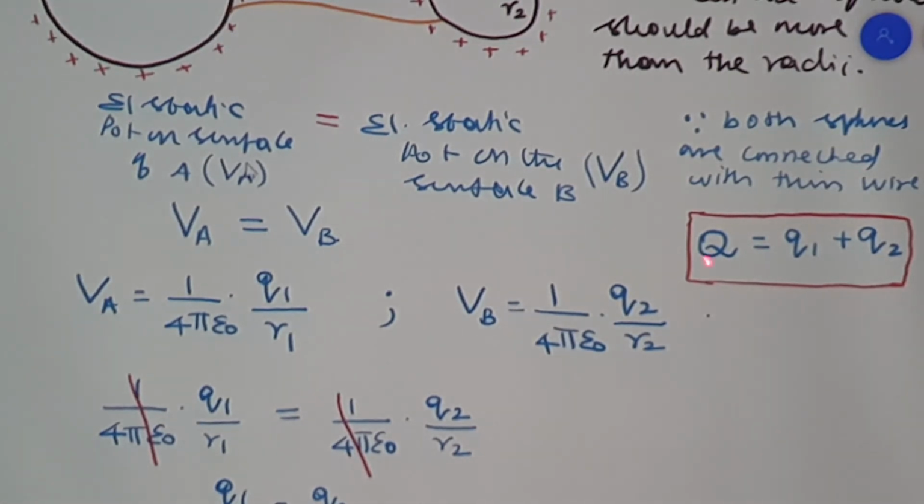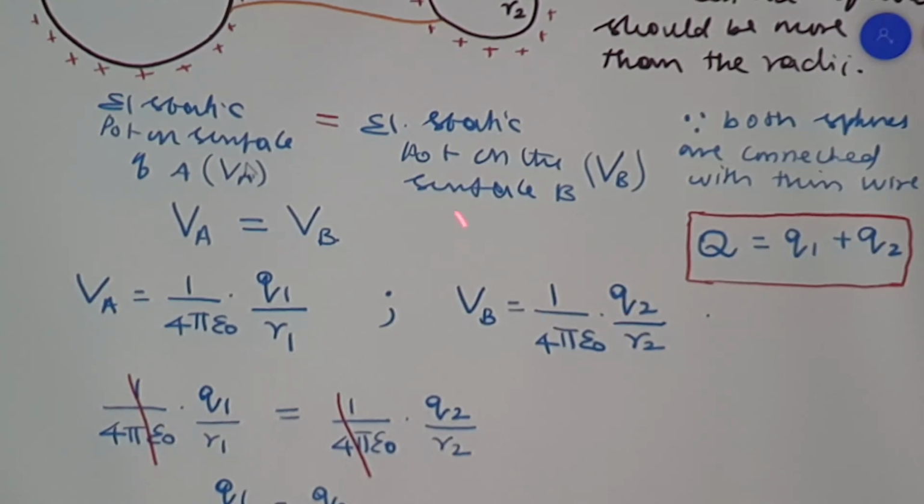The total charge Q in that system can be written as Q1 plus Q2. Potential on the surface is generally given by the formula 1 by 4 pi epsilon 0 into Q by R. Using that, we can write the potential on the surface of sphere A as VA equal to 1 by 4 pi epsilon 0 into Q1 by R1, and the potential on the surface of B as VB equal to 1 by 4 pi epsilon 0 into Q2 by R2.